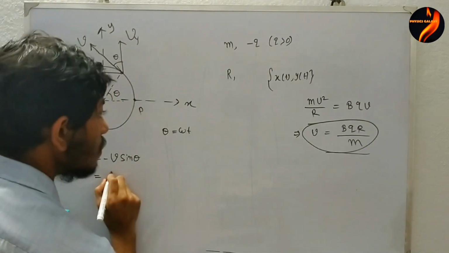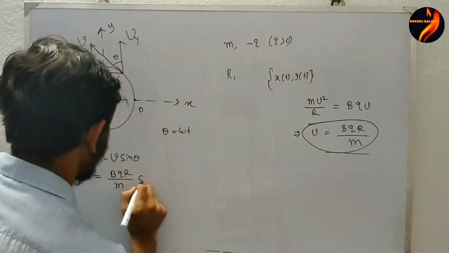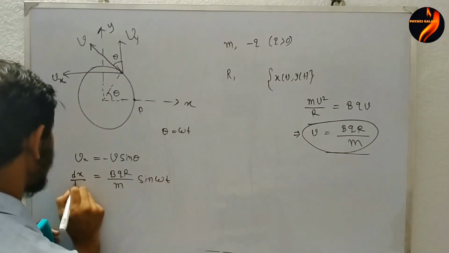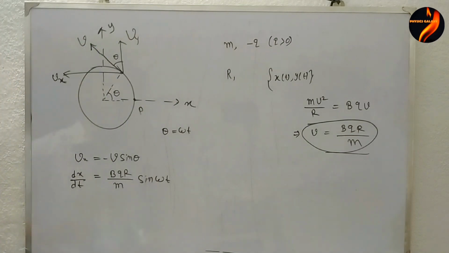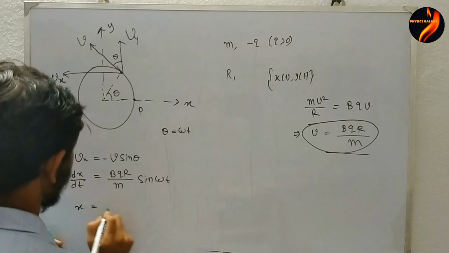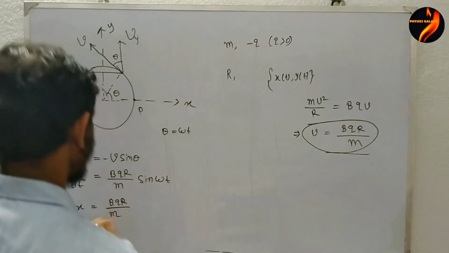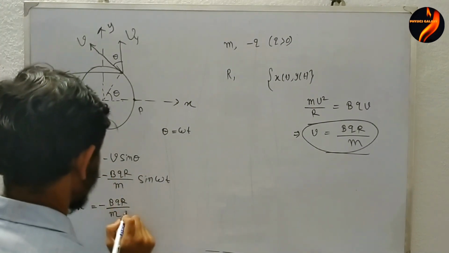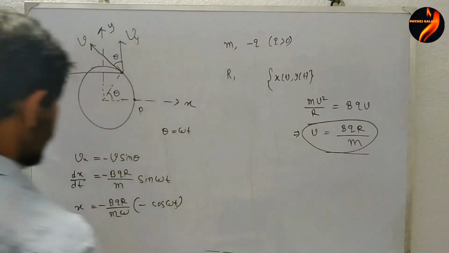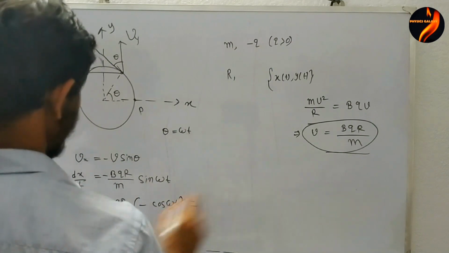Here it is B q r by m sin omega t equal to dx by dt, and after integrating this we get x equal to minus (B q r by m omega) cos omega t, and it leads to what?